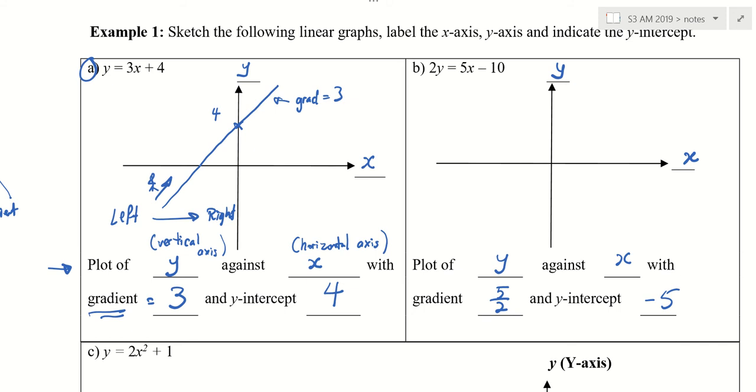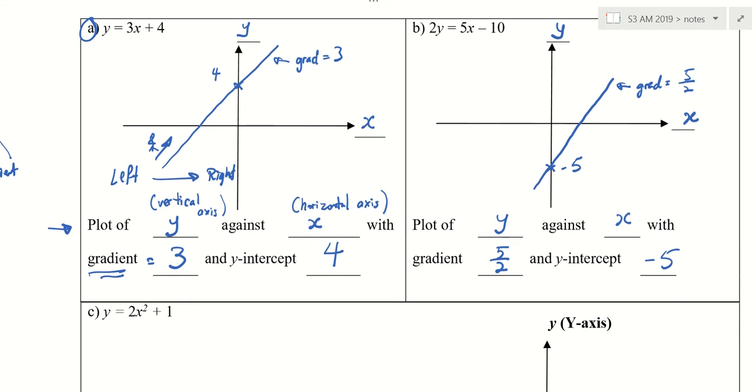Negative 5. So negative 5 means it cuts here, and the gradient is still positive, so it's going up the slope like that. The gradient is 5 over 2. So far, anyone got any question for A and B? Good, because this is what we have known.